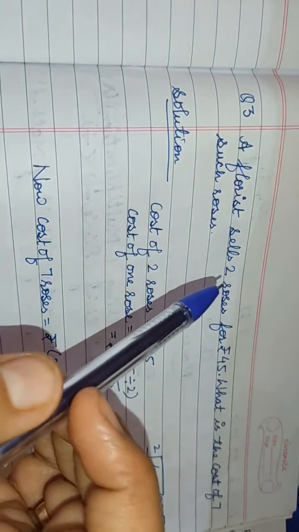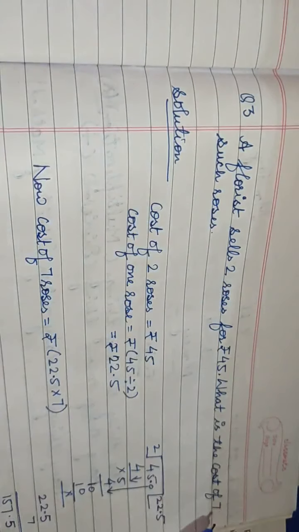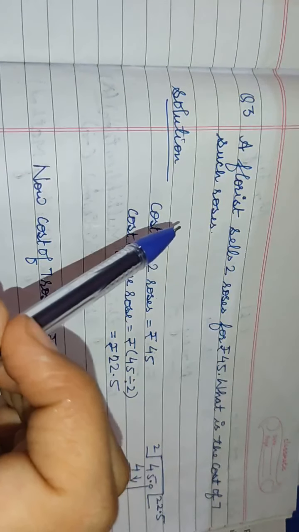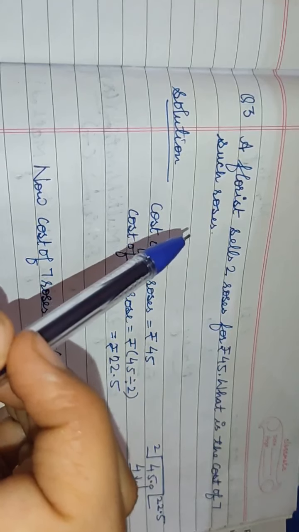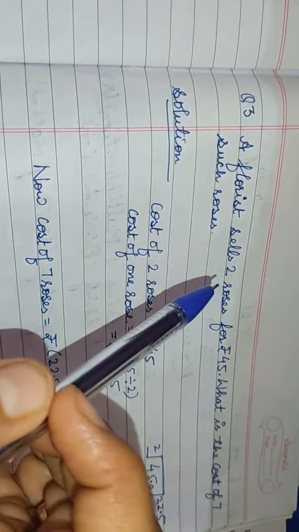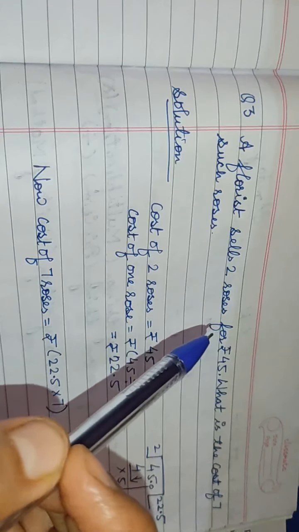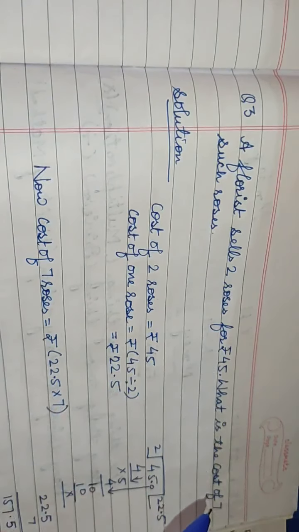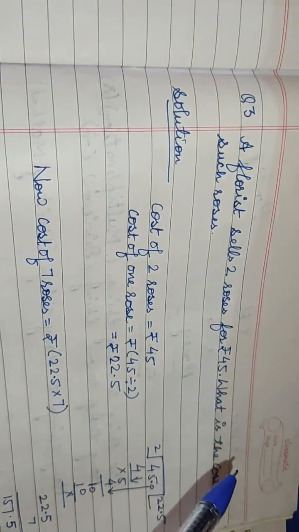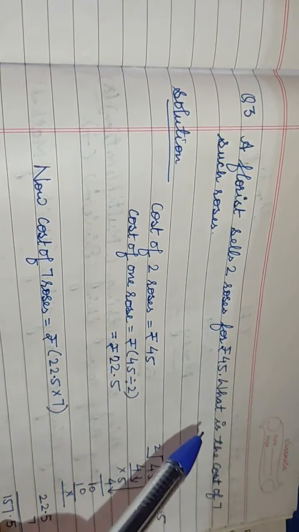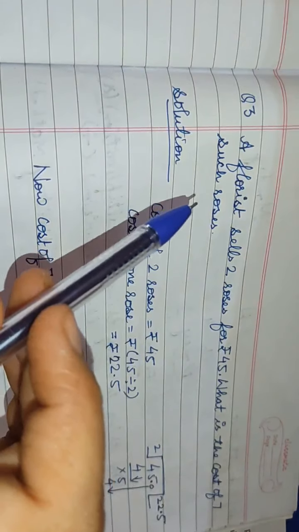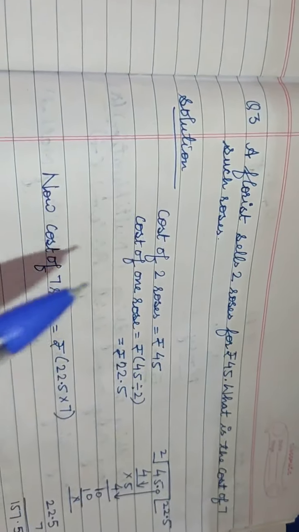It means you have to move from many to many. So you will apply the unitary method in this. First of all, we will find the cost of one rose. After finding the cost of one rose, we will multiply the cost of one rose by 7 to get the cost of 7 such roses. So let's start the solution.